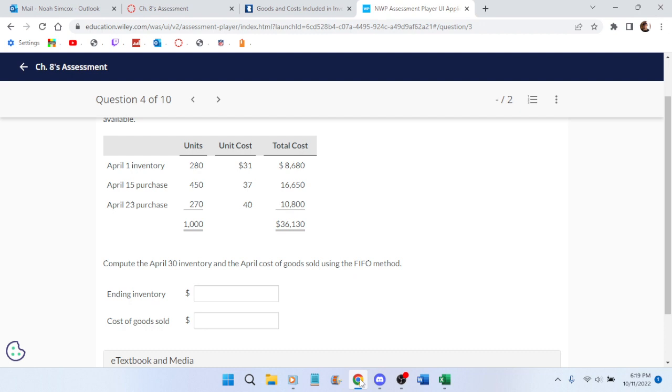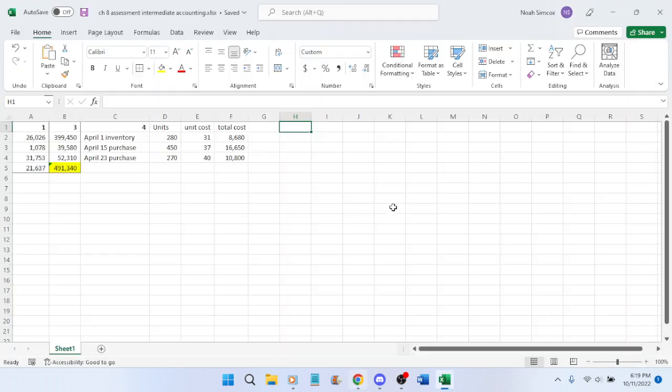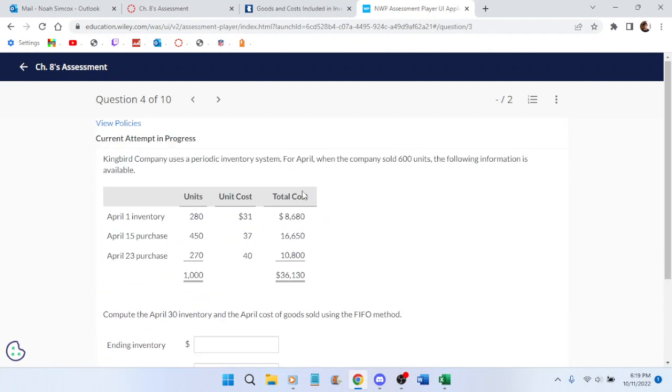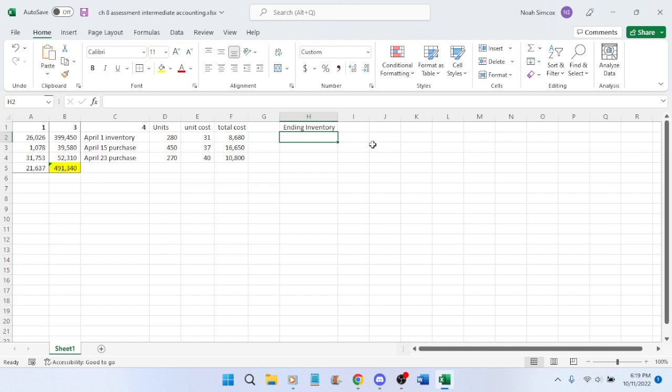Okay, so we want ending inventory. This is only the FIFO method. They don't care about the LIFO method, apparently. It's going to equal number and cost.